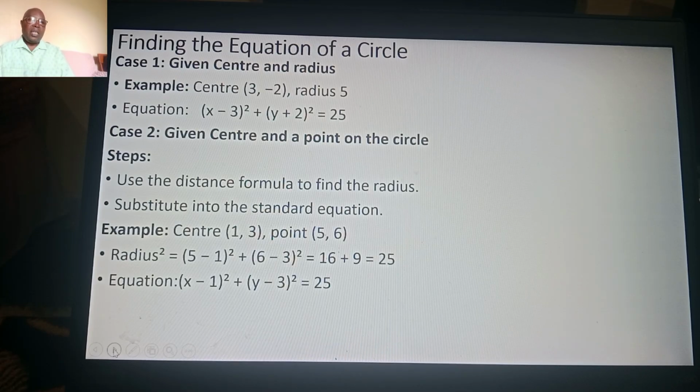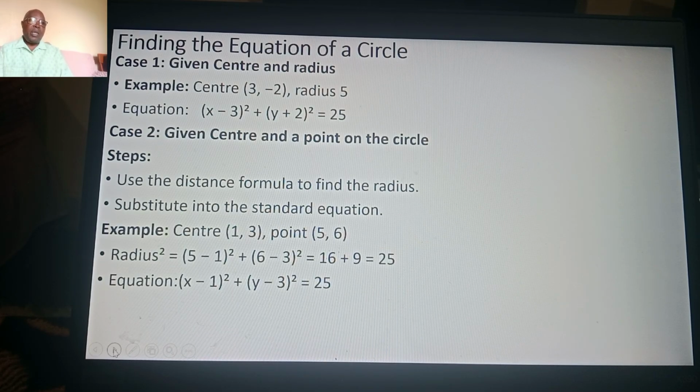Case 2. Given center and a point on the circle, the steps are as follows. Use the distance formula to find the radius, as indicated earlier. Substitute in the standard equation, and we have an example here. The center is 1, 3, and the point on the circle is 5, 6.